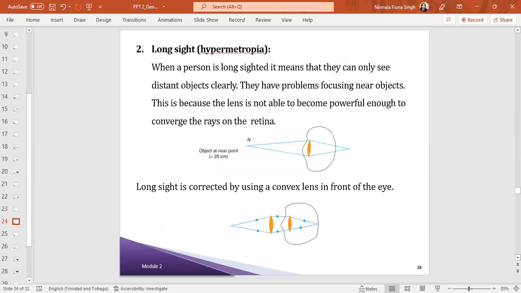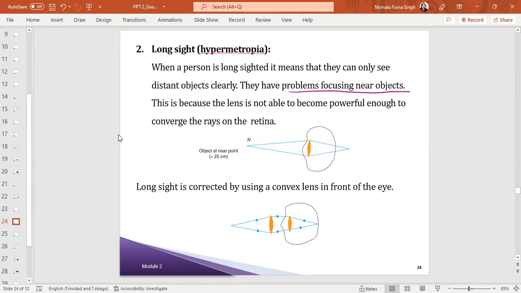Long-sightedness, hypermetropia. Hypermetropia is when somebody cannot see near objects clearly, meaning people who require reading glasses. This is because the lens is not able to become powerful enough to converge light rays on your retina.